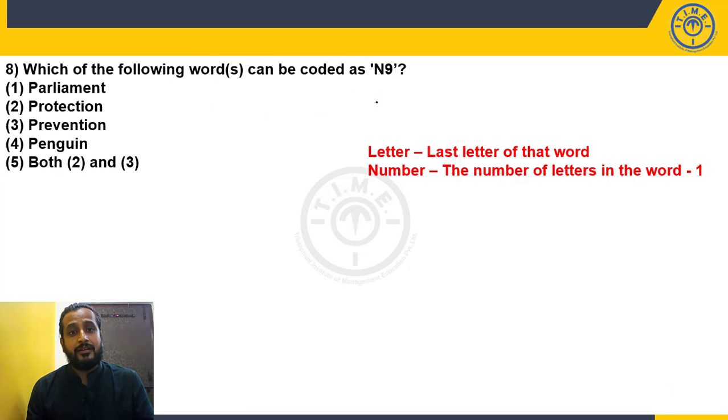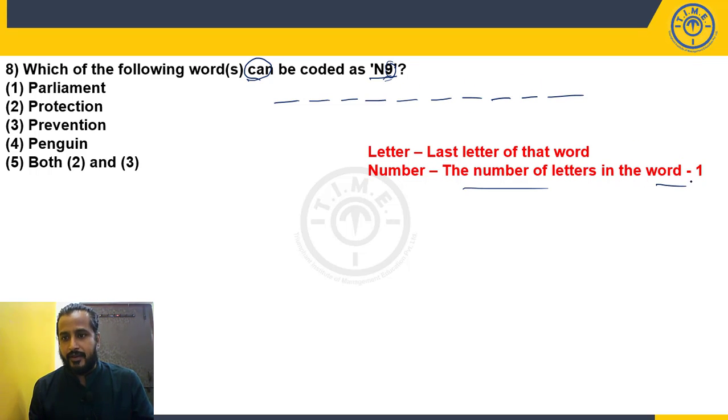Which of the following words can be possible? Coded as N9. When it is given 9, it must be a 10 letter word. Because logic in the number is what? Number of letters in the word minus 1. When it is 9, actually the number of letters in the word should be 10.